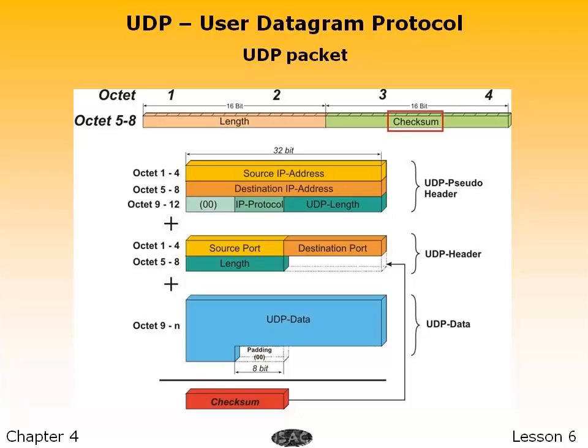UDP provides datagrams suitable for modeling other protocols such as in IP tunneling or remote procedure call and the Network File System. It is simple, suitable for bootstrapping or other purposes without a full protocol stack, such as the DHCP and Trivial File Transfer Protocol, TFTP.